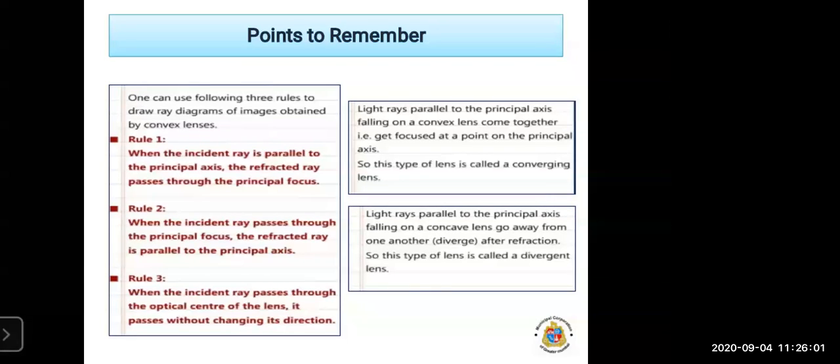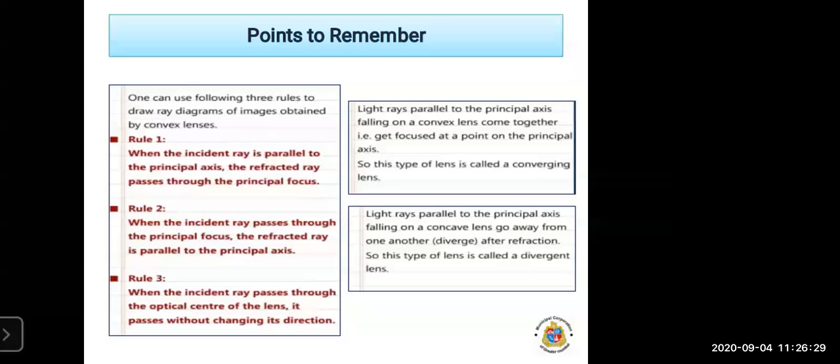Second: when the incident ray passes through the principal focus, the refracted ray is parallel to the principal axis. Rule number 3: when the incident ray passes through the optical center of the lens, it passes through without changing its direction.